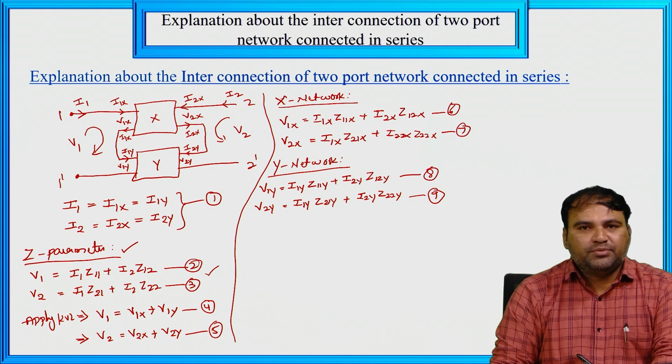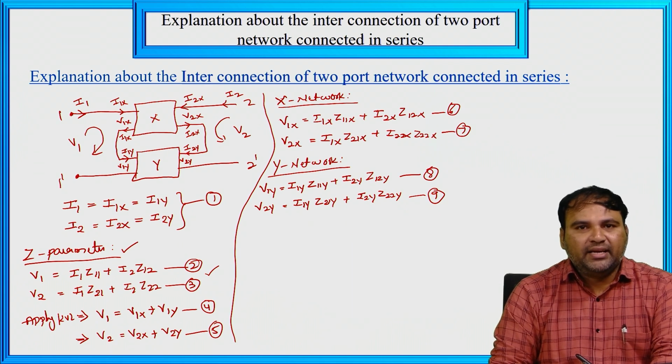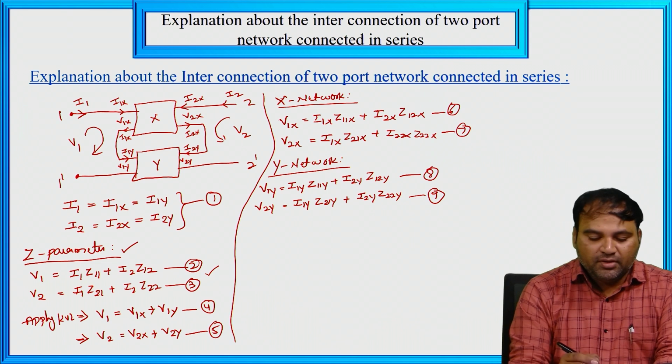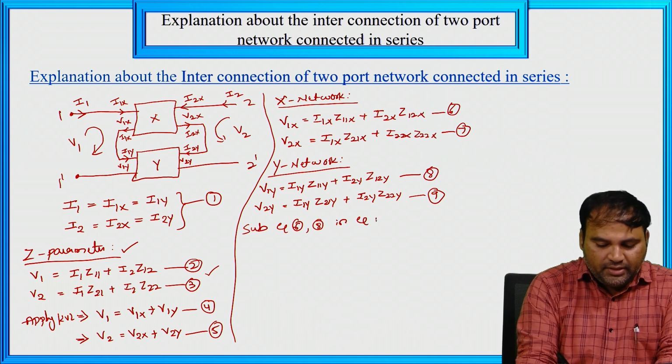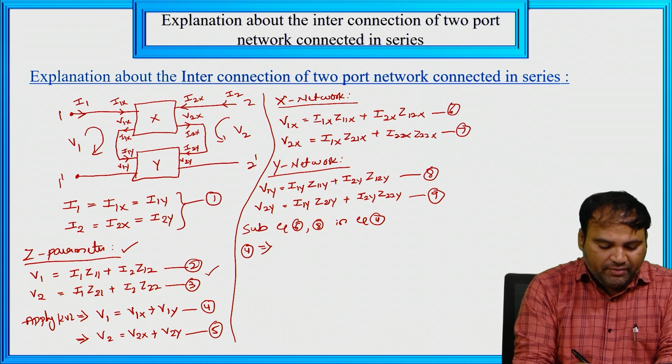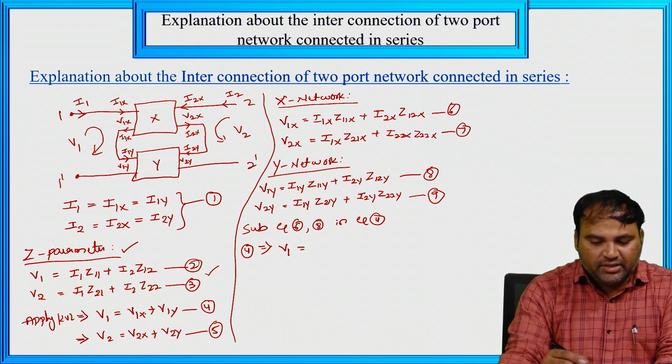Now we have to substitute equation number 6 and equation number 8 in equation number 4. Here we have the fourth equation, V1 equals V1x plus V1y. What is V1x?